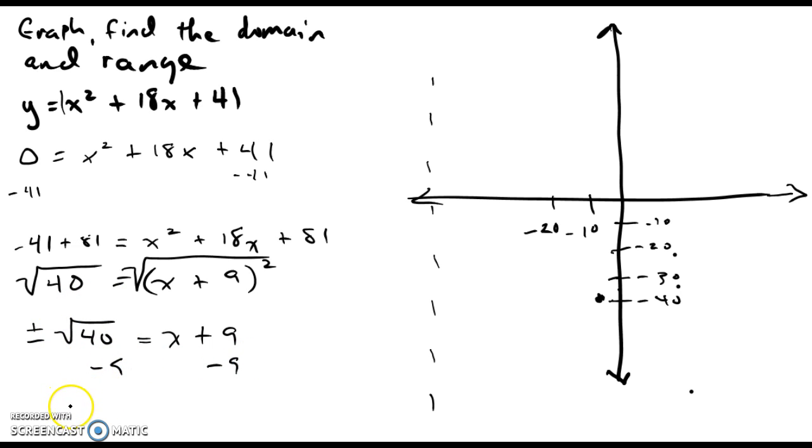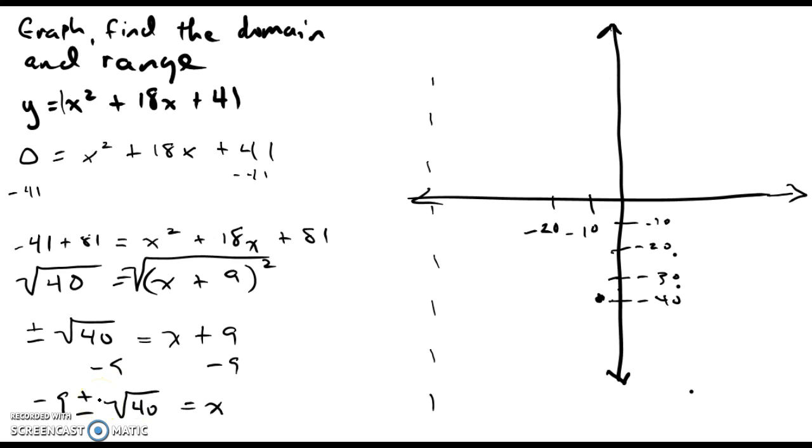So we've got negative 9 plus or minus the square root of 40 is equal to x. I said you can leave it in this form. I'd prefer you simplify the radical, but if you don't, I'm not going to mark it wrong on this week's test.